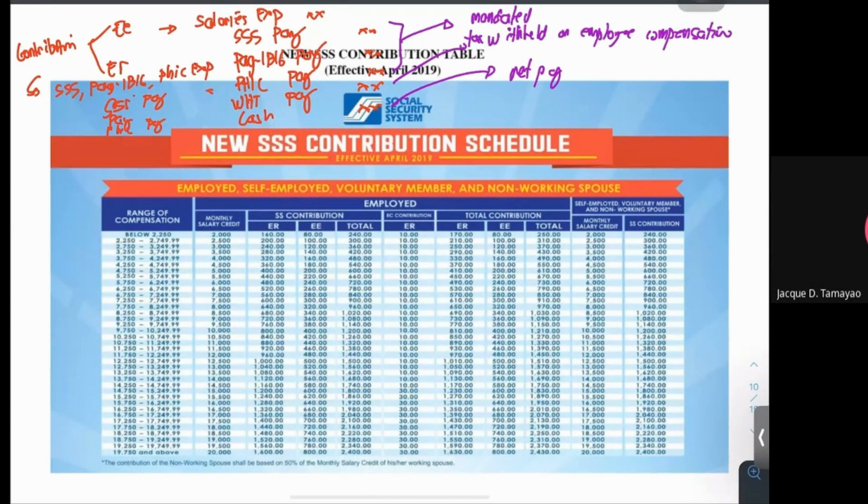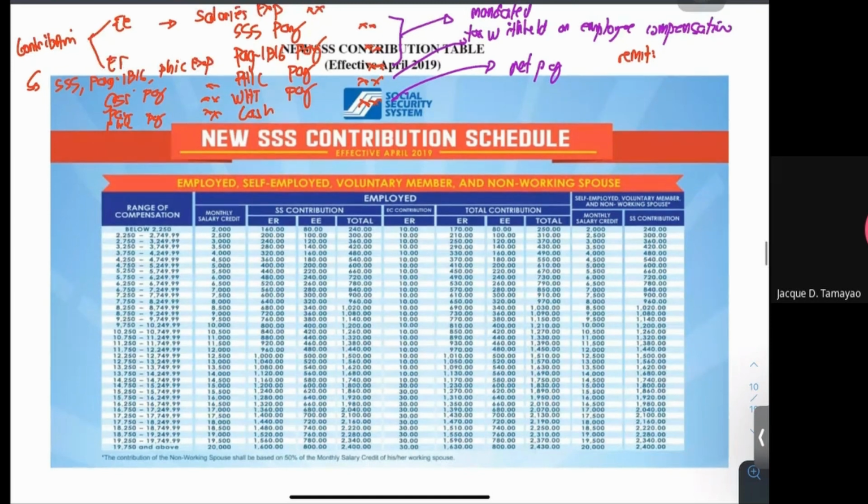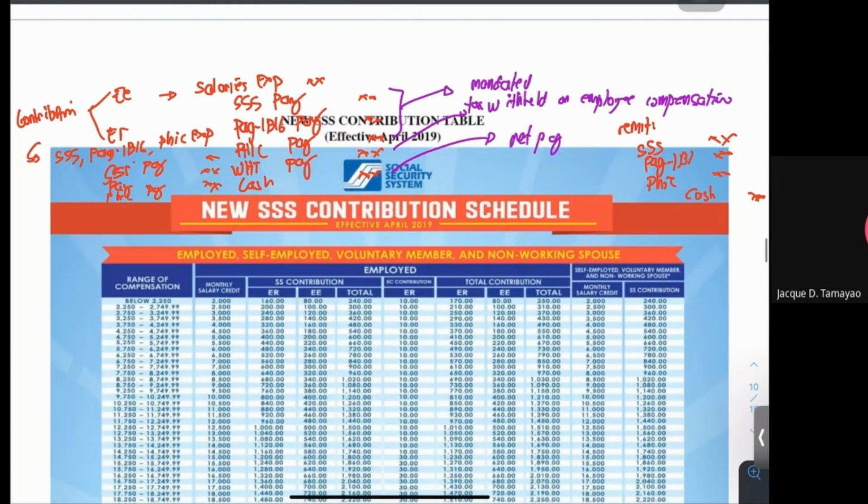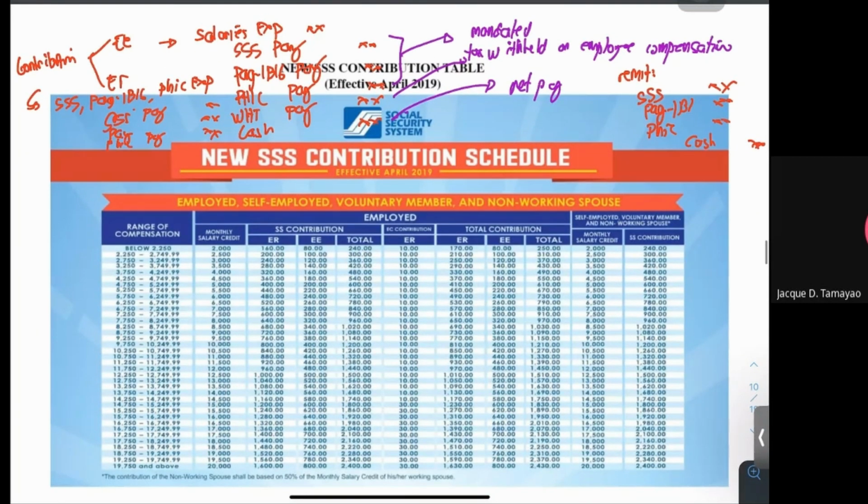So that's your entry whenever you have a contribution from the employer. And whenever you already remit the payment, you debit the different payables: SSS, Pag-ibig, PhilHealth, and a credit to cash. Okay? That's how we make our entries whenever we have these different mandated contributions for your employee and your employer.